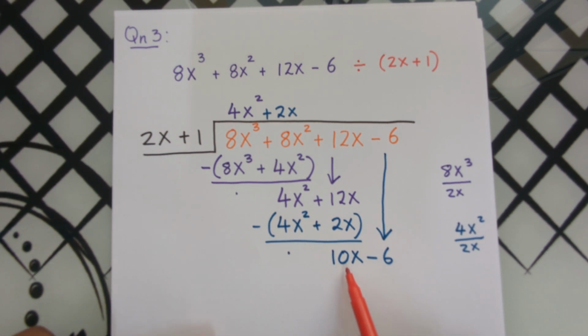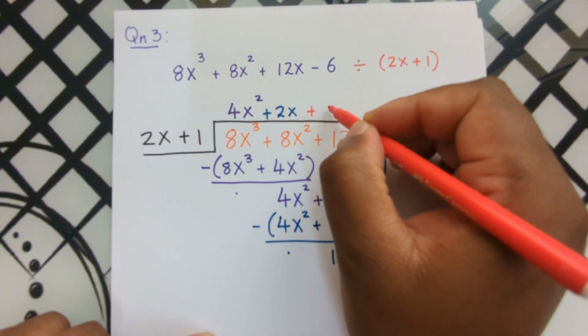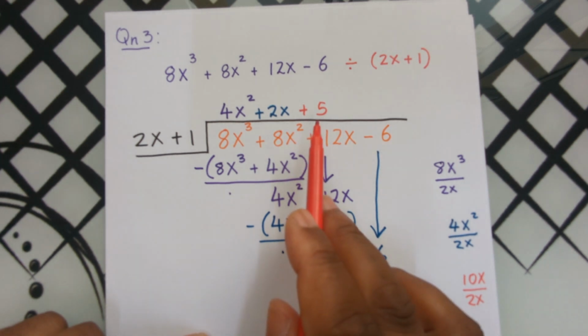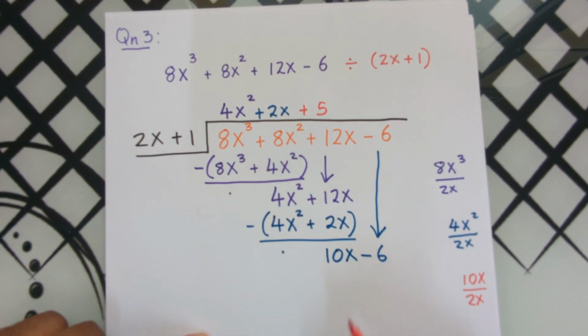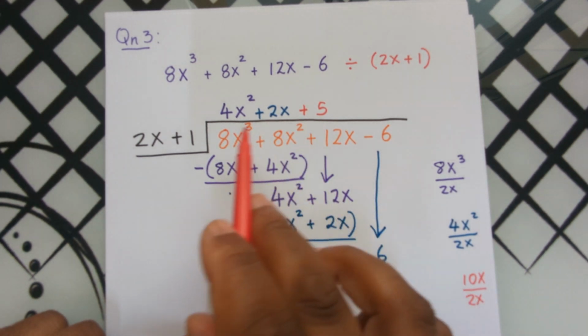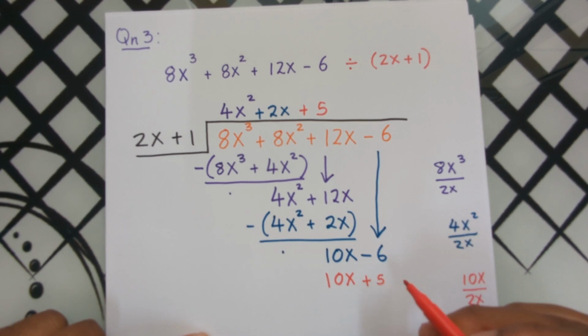Now we say 10x divided by 2x. The x's will cancel, and 10 divided by 2, that's 5. So we're going to say plus 5 there. And you multiply 5 multiplied by 2x, it will give you 10x. 5 multiplied by 1, it will give you positive 5.